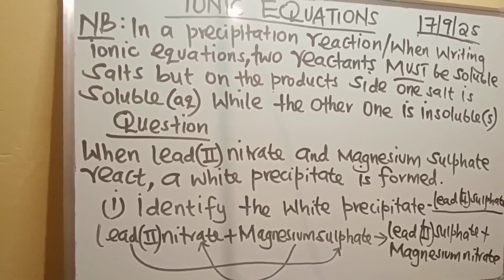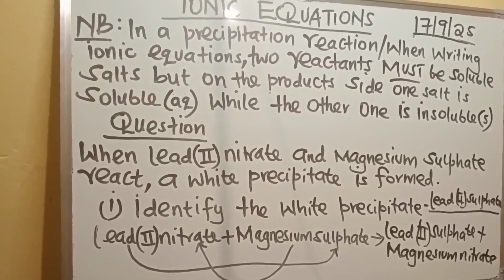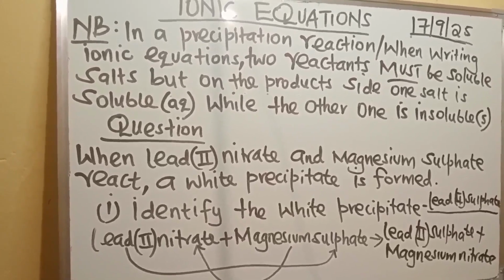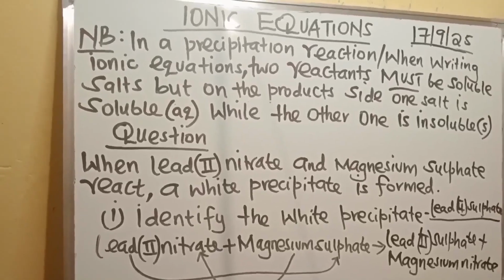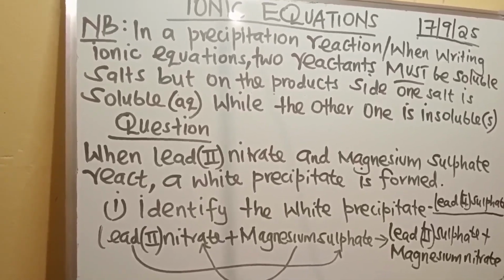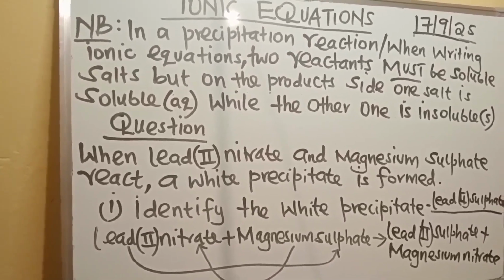And remember, from the word equation, we will be in a position to write a well-balanced chemical equation that will then guide us in the writing of the ionic equations. So let us now go direct to the writing of the chemical equation in our next question.